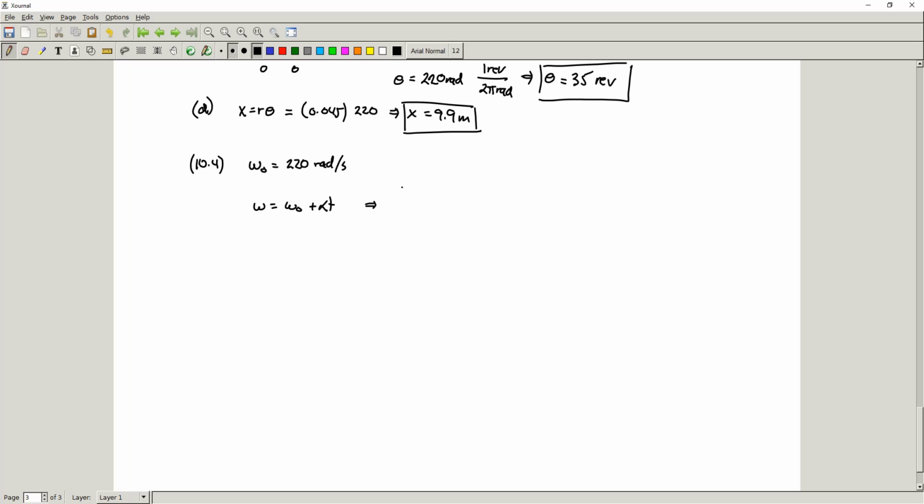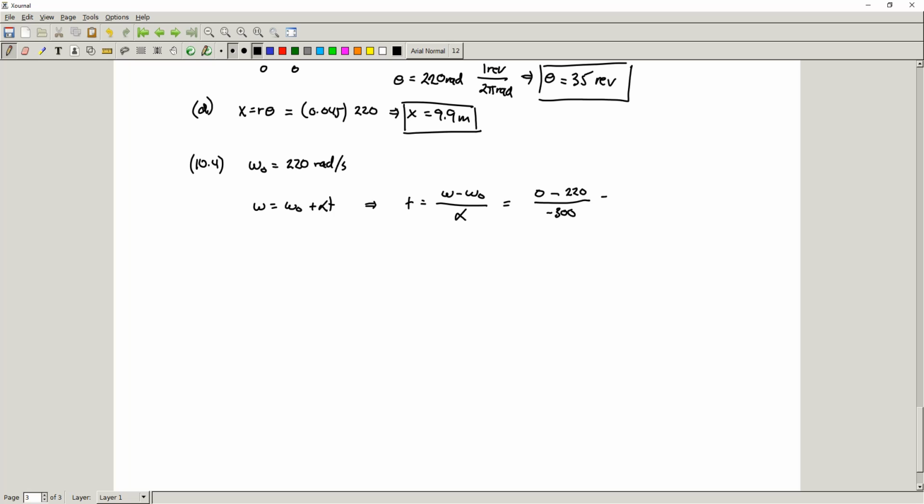We're going to end up with t is equal to omega minus omega naught over alpha, and we have all the values here on the right hand side. We want this thing to stop, right? So omega is going to end up being 0. Our initial angular velocity is 220 radians per second, and we have a negative angular acceleration, I should say, of minus 300.